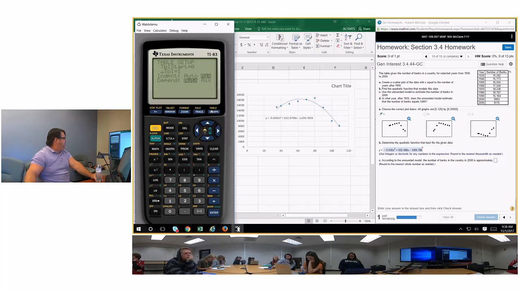And then when you graph this thing, let's graph it. Let's do y is equal to negative 5.0302 x squared plus 632.4798x minus 1456.7859, and hit enter or graph.